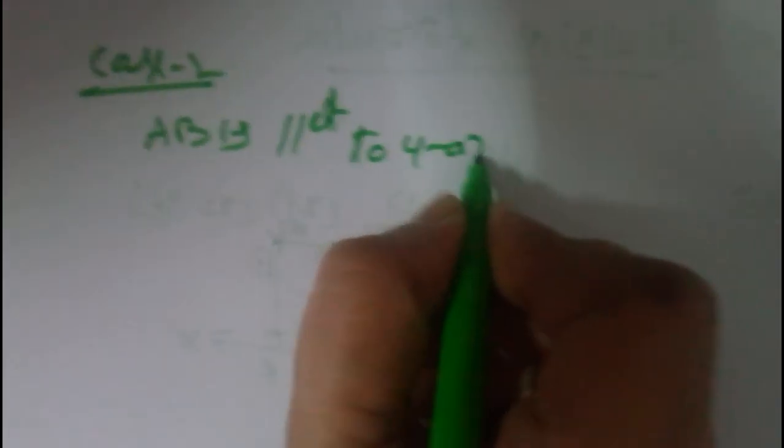Case 2. If AB is a vertical line segment, parallel to the y-axis.